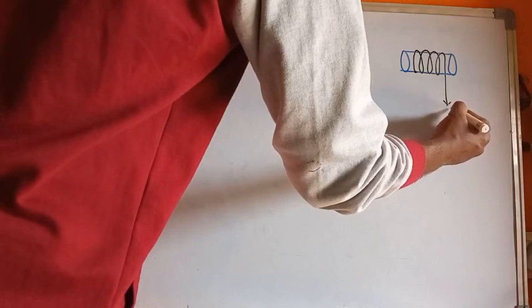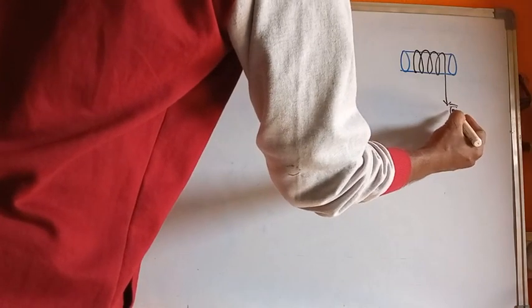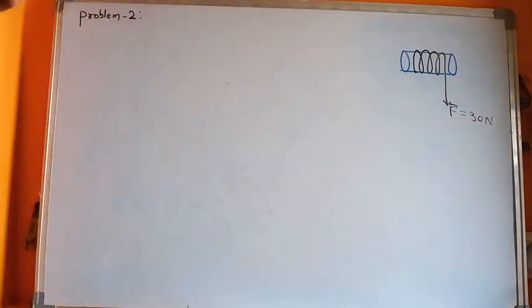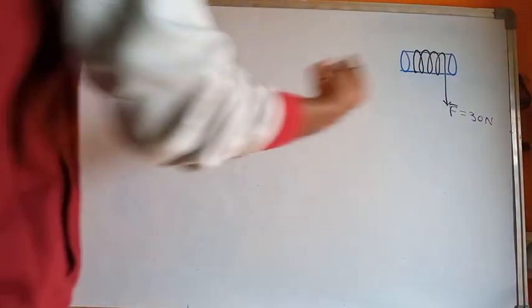Now we pull this rope with a force of 30 newtons, and the mass of the cylinder is given.